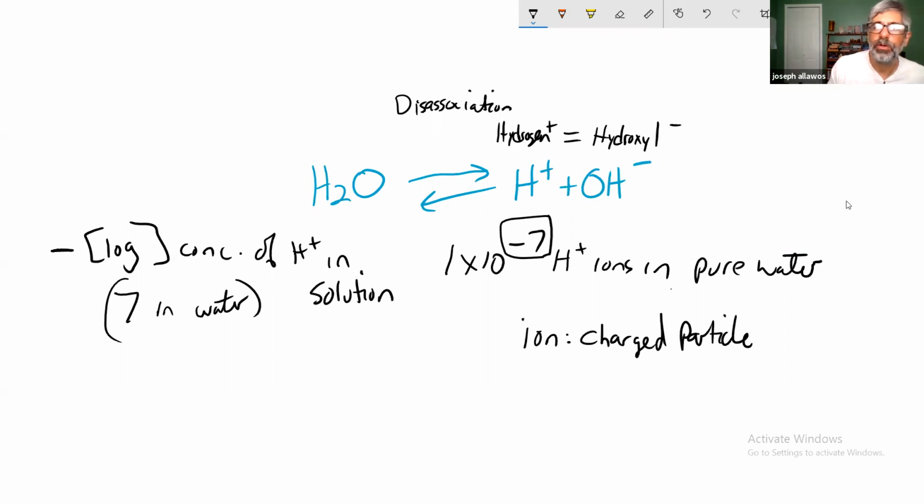Okay, so how do we know if something is an acid or a base? Pretty simple. If you take something and put it in pure water, and you get an excess of hydrogen ions, it's an acid. And if you get an excess of hydroxyl ions, it's a base.